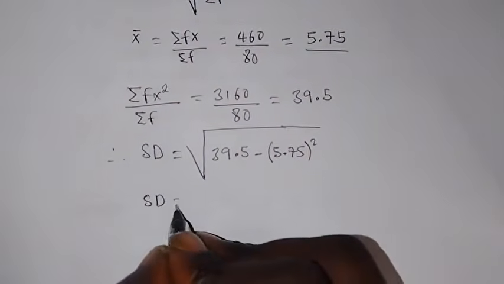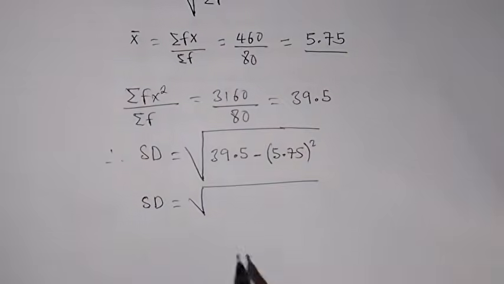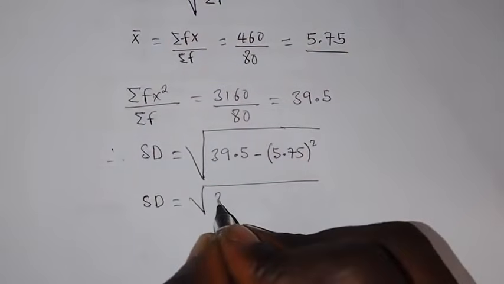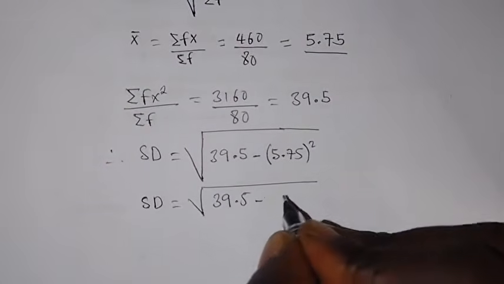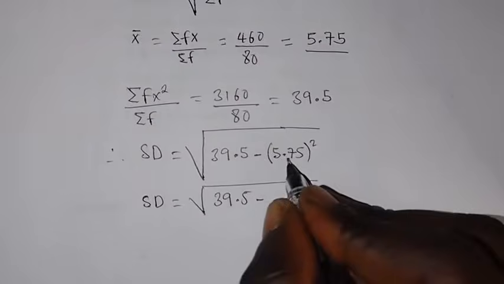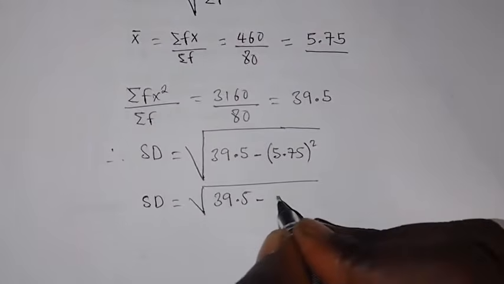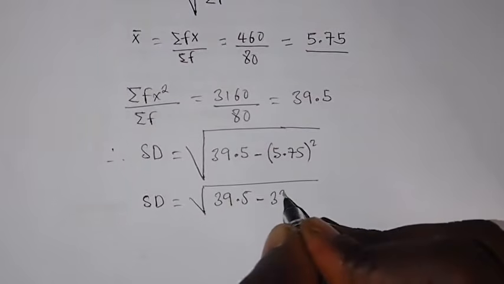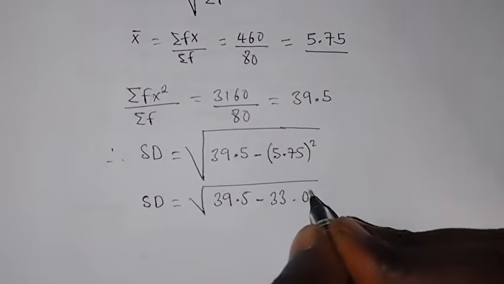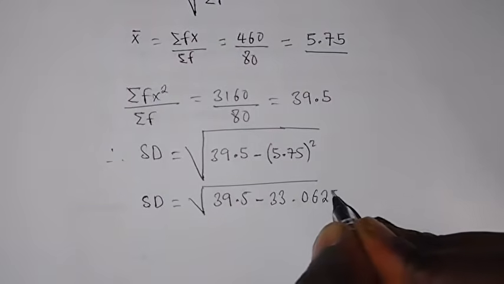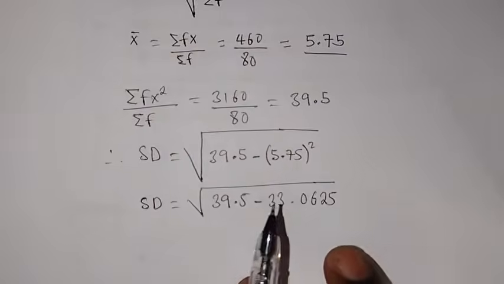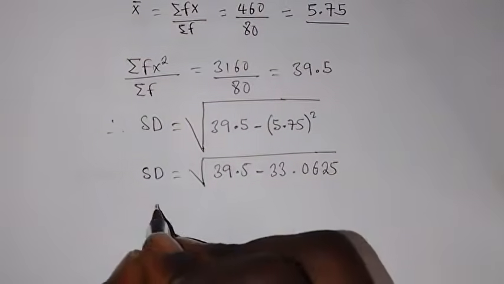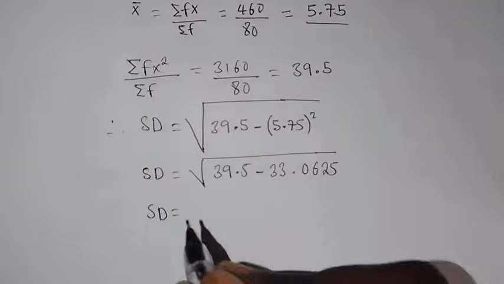Then standard deviation is equal to, we just punch on the calculator. So from here we write 39.5 minus 5.75 squared. You press it on the calculator, you get 33.0625. So it's fine even if you press them at once, you get the same answer.